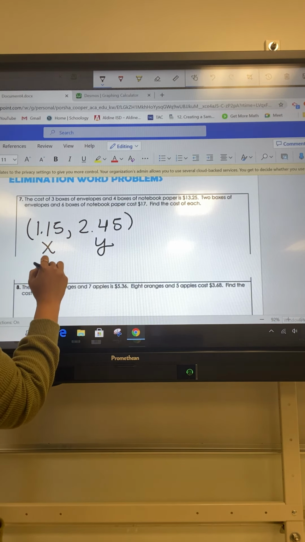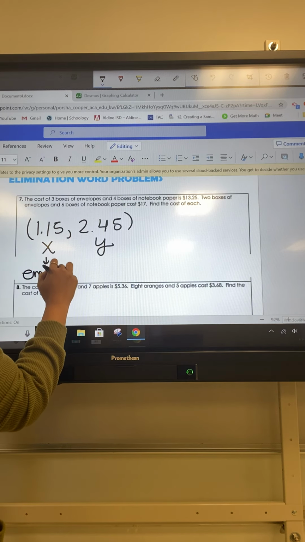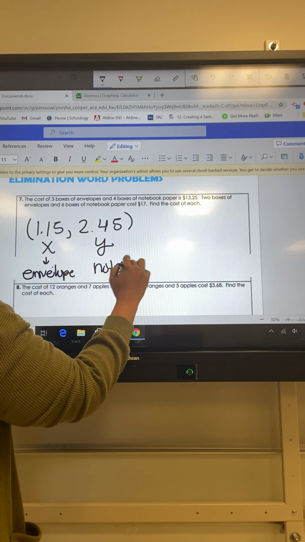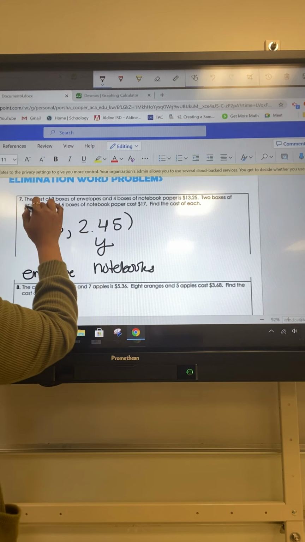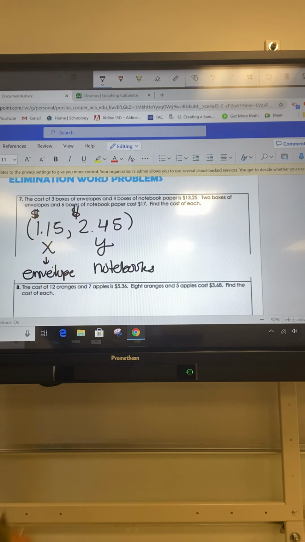So that is how much an envelope costs. And then y was the notebooks. So this tells me that each envelope is $1.15 and each of the notebooks is $2.45. All right, but it's going to be super important that you know how to set up the equation.